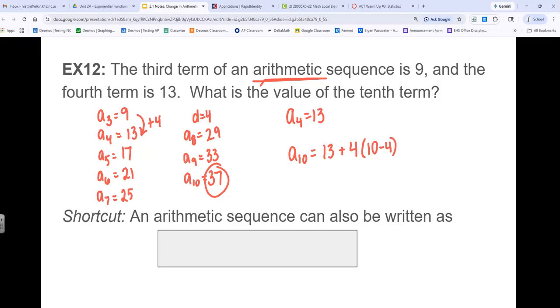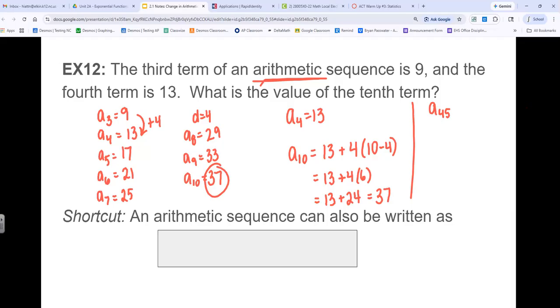Because I have the 4th term and I'm looking for the 10th term. That's 6 terms I've got to find. So I'd have 13 plus 4 times 6, which would be 13 plus 24, which gives us 37. Now, if I asked you for something like a sub 45, right?